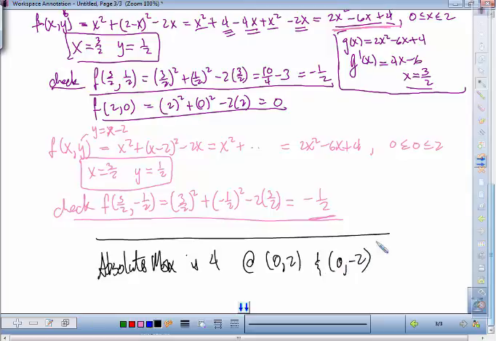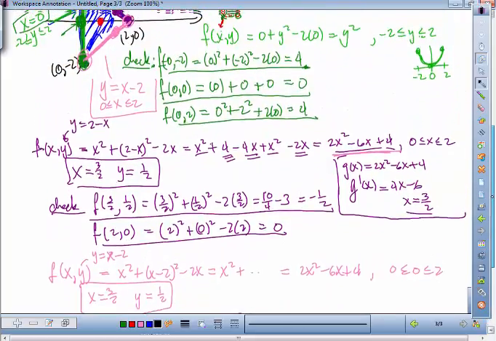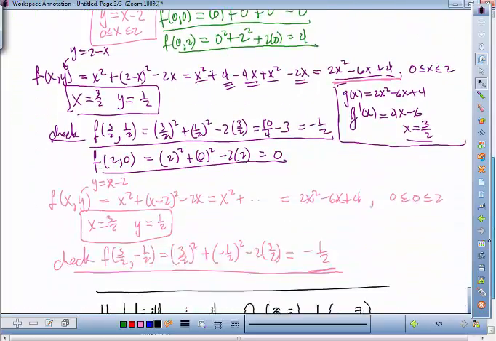So your absolute max is going to be at 4. It happens at 2 places. Your absolute min is negative 1, and it happens at, where does it happen? At our critical value, 1, 0.